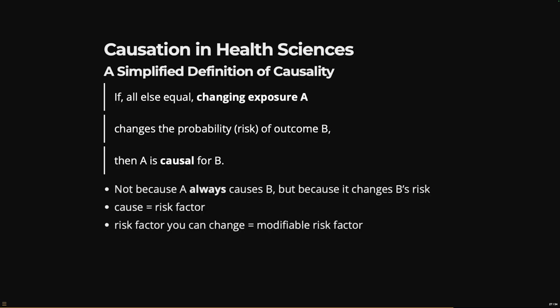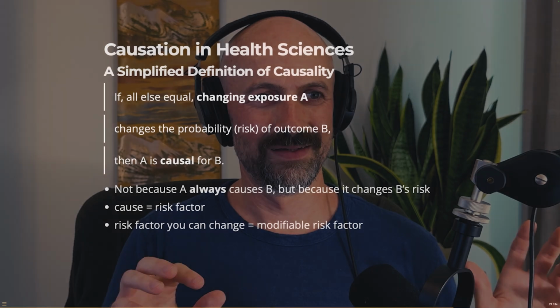Yep. That doesn't mean A always causes B. It means that it changes the risk of B occurring. In this terminology, I want to say that we want to think of cause and causality as a risk factor.